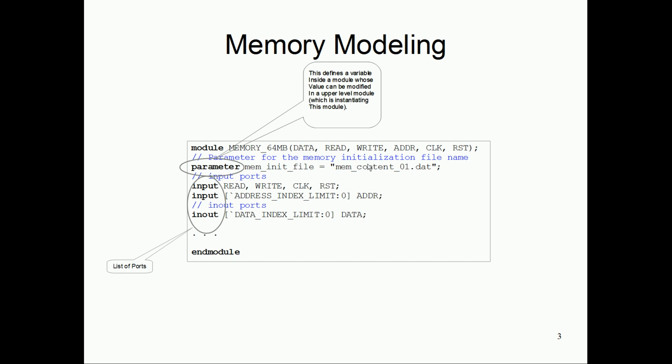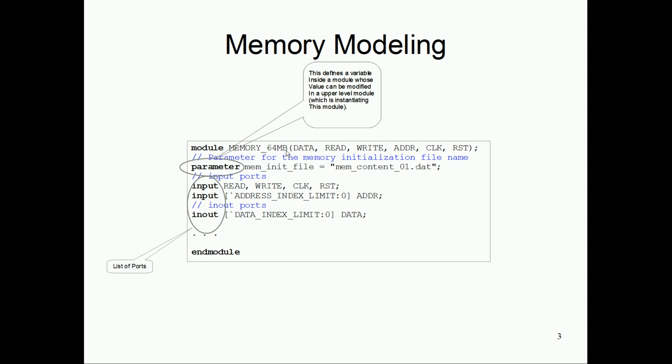The parameter is basically a variable defined under the module. Under any module we can define a parameter, and in that case it becomes a parameterized module with an initial value. It can be anything. We make it a string with a file name, mem content 1.dat, that is the default value.